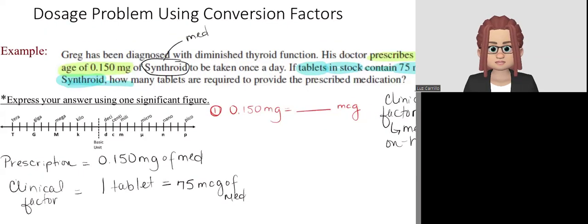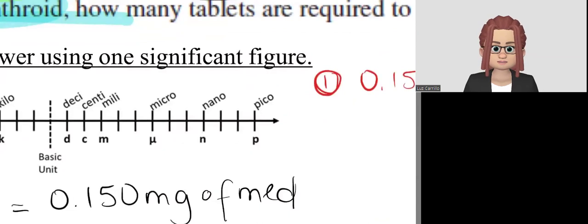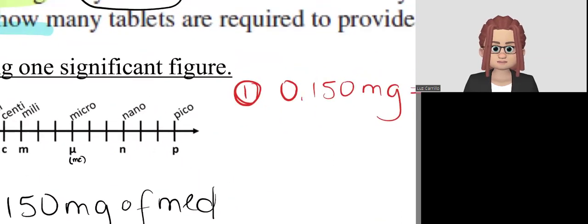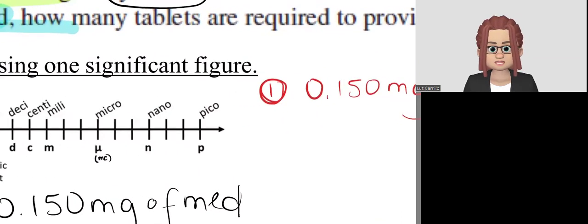Micrograms, when it comes to the number line, is this mu symbol right here. So let me just write that as a note. This is also mc. And in this conversion, since I am starting at milligrams, I can highlight that point. I'm going to start at milli.